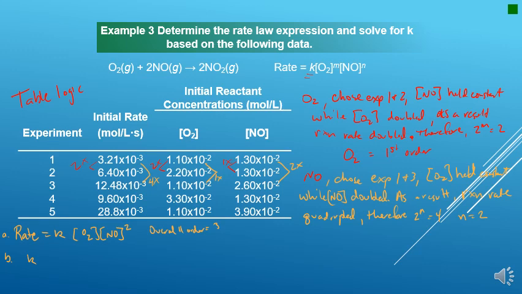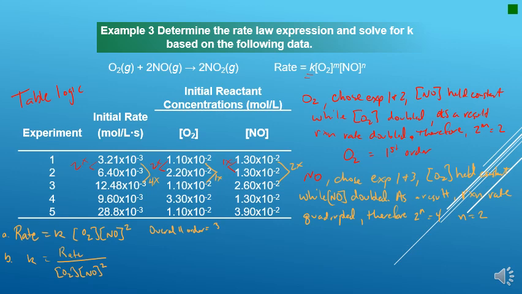So now for the second part of the problem, it's asking us to solve for k. If I were to rearrange our equation, I'd have the rate divided by the O2 and the NO concentration squared. Like I said, it is completely your choice which one of the experimental trials you decide to use to figure out your values. They should all come out to be relatively the same thing. So I'm just going to arbitrarily choose reaction number 1.